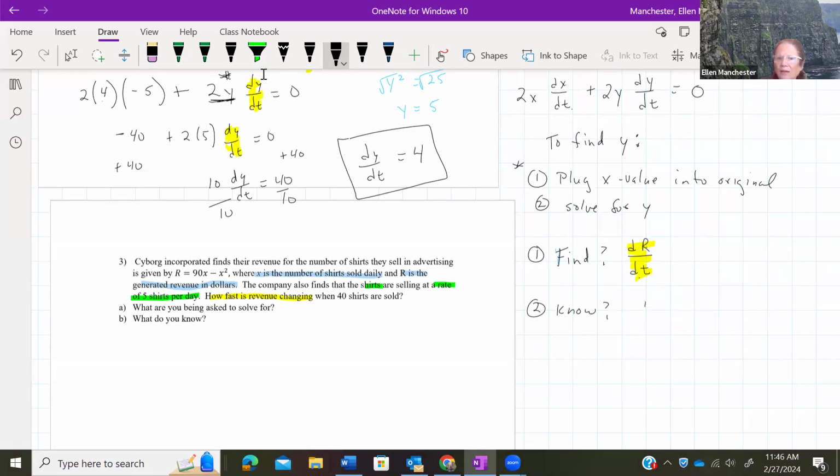Shirts represents x. So our shirts are changing at 5 per day. So the number of shirts increases by 5 per day. So the derivative of x over t is 5. And then we have 40 shirts. So our x is 40.